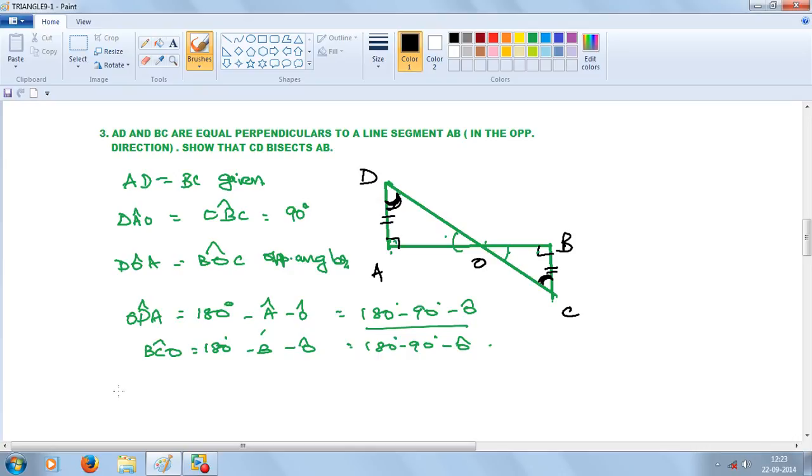So triangle ADO is congruent to triangle BCO. Why? So we will apply the ASA congruent rule.